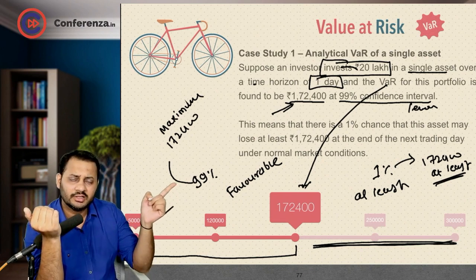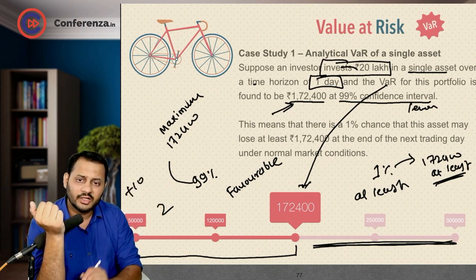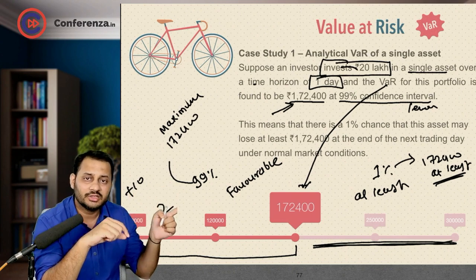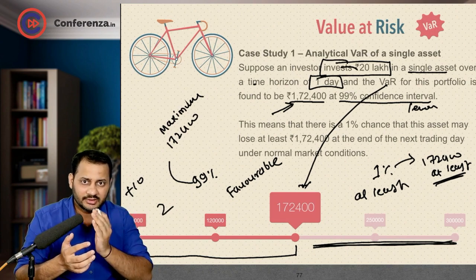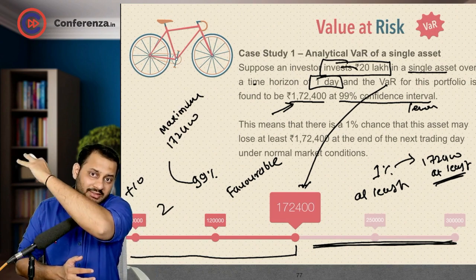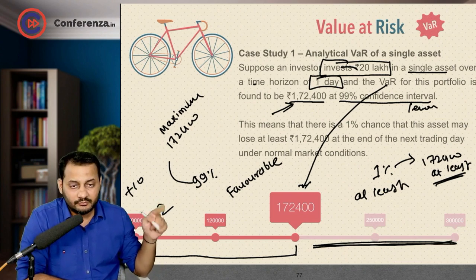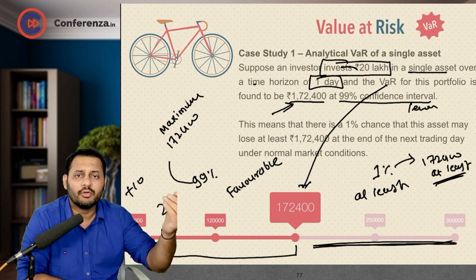That is covered under 99%. You can earn 10 rupees. That is also covered under 99% because it says the maximum loss is 172,400 and below that there will be lesser losses and then profit will be there on that side. So profit is also covered in this area. Another way to talk about it is that there is only a 1% chance that your loss will go beyond 172,400.